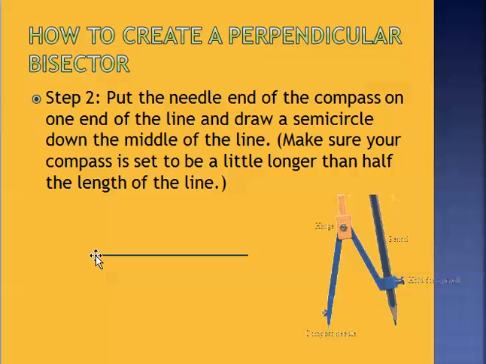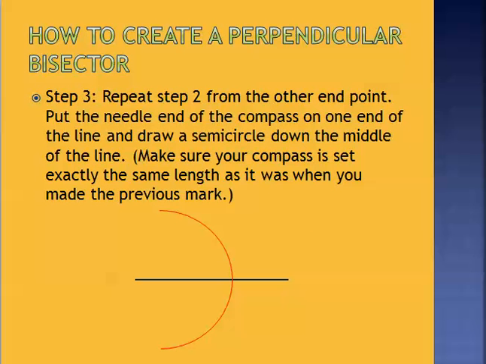Now make sure that your compass is set to a little over half the length of the line. If it's not set to over half, then your measurements will be wrong and your two lines will not cross each other. And then you'll have to start all over and use that eraser, which is why you're using a pencil. So your first line will be drawn and it'll look like this.